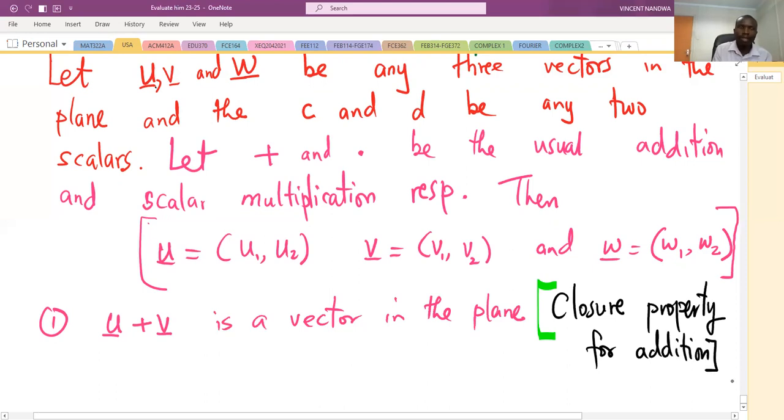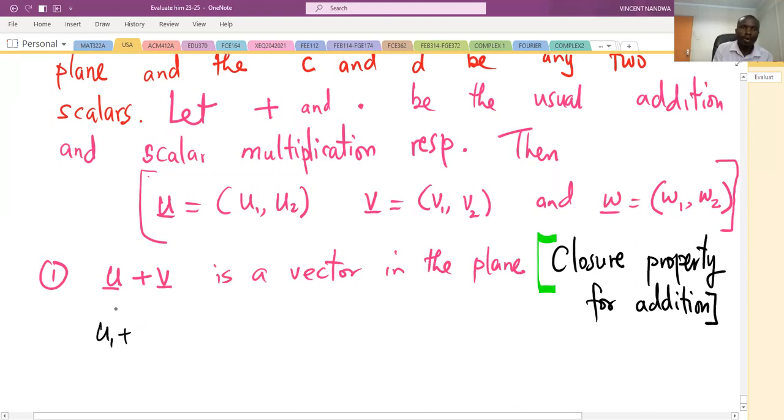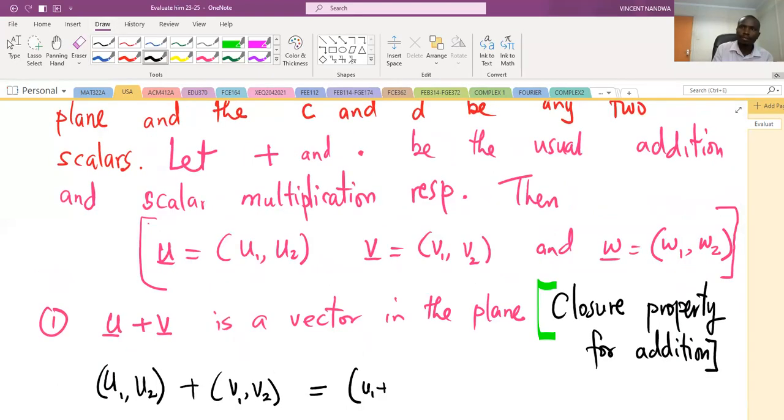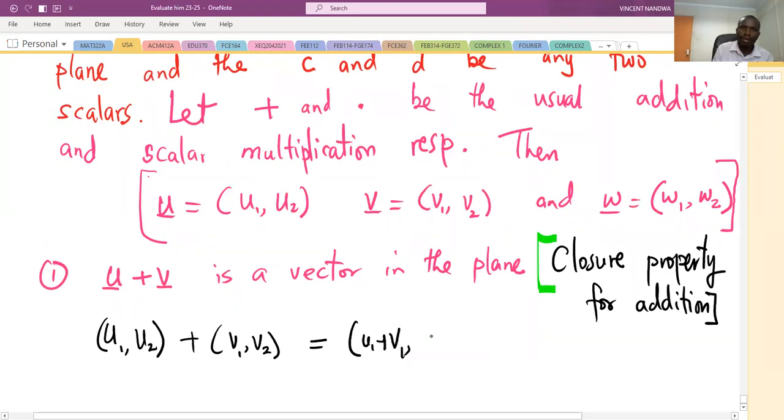This is what we're trying to say: if I pick U, which is U1, U2, and add V, which is V1, V2, then I get the sum of corresponding elements: U1 plus V1, comma, U2 plus V2.